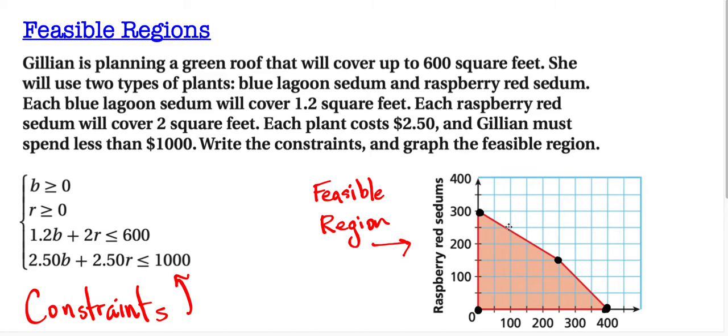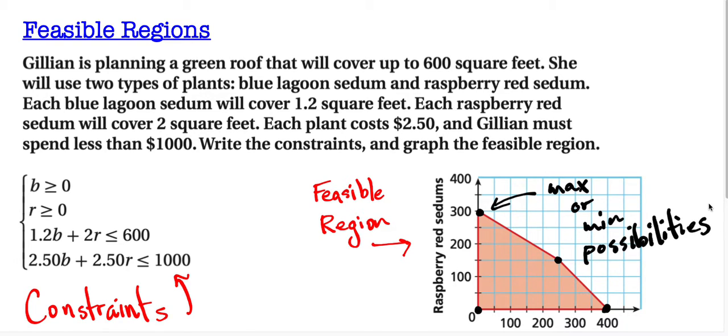These different combinations will cost different amounts. So we're going to test the corner points. I can't talk and write today. All four corner points, we're going to test those to see which one would work the best.